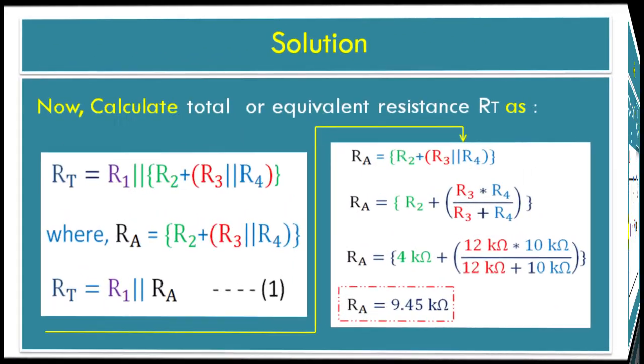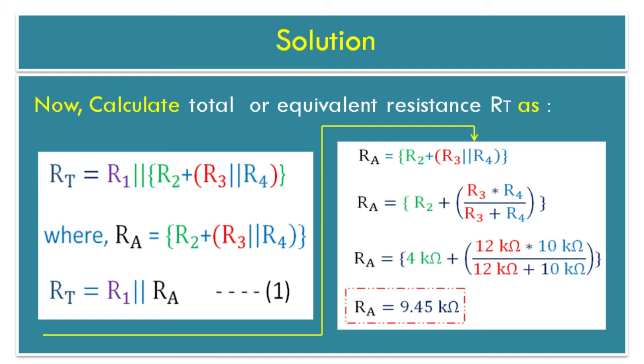Now calculate total resistance as total resistance is equal to R3 parallel to R4 plus R2 which is parallel to R1, where resistance RA is equal to R2 plus R3 parallel to R4. Now total resistance is equal to R1 parallel with resistance RA, which is given by equation 1.